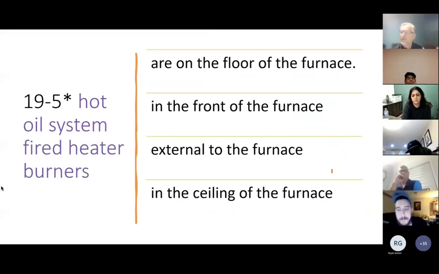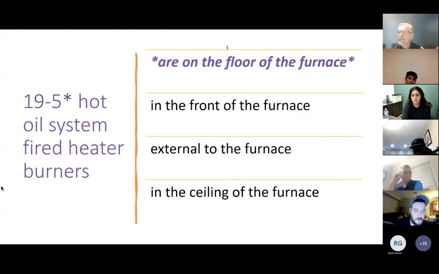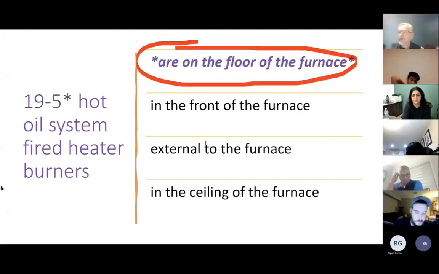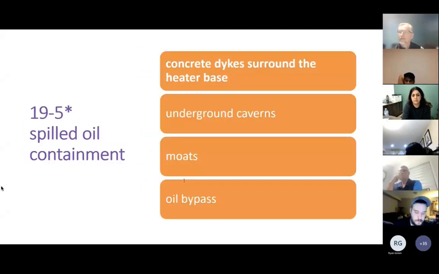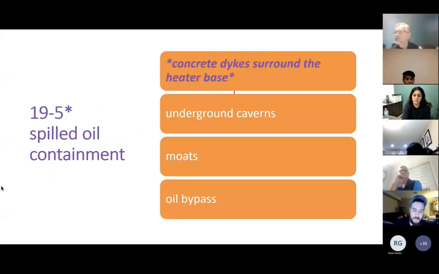Fired heaters are where? In the hot oil system. Floor of the furnace. On the floor. Okay. Spilled oil containment, concrete walls or dikes around the heater base.